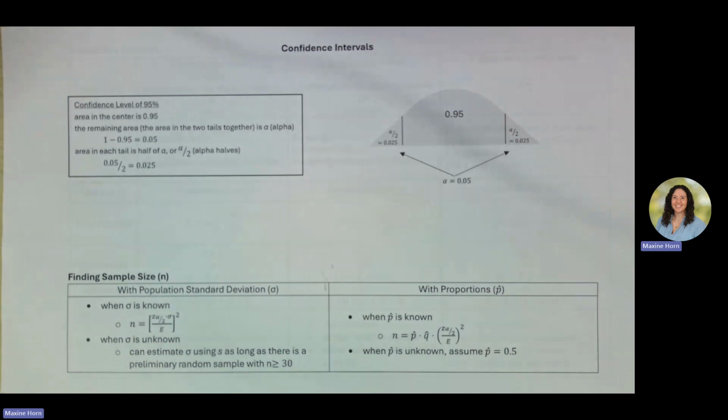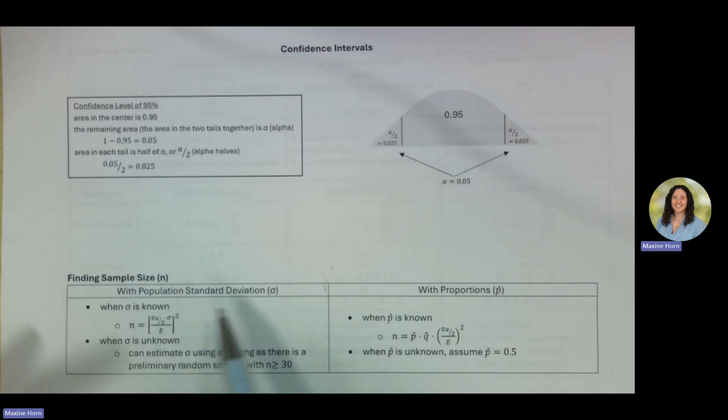Another thing that you're going to be doing in this chapter is finding a sample size. We have a few different situations where you're doing that. Either you're dealing with population standard deviations, either knowing it or not knowing it, or you're dealing with proportions. Okay, 2 different types of problems here.